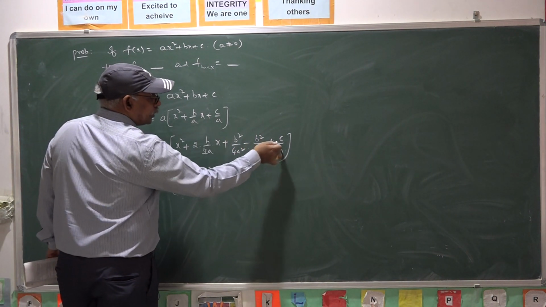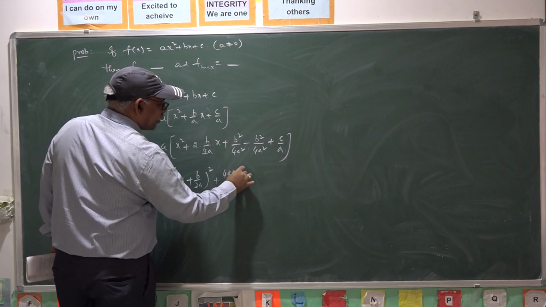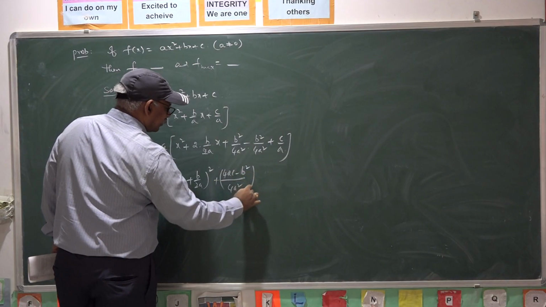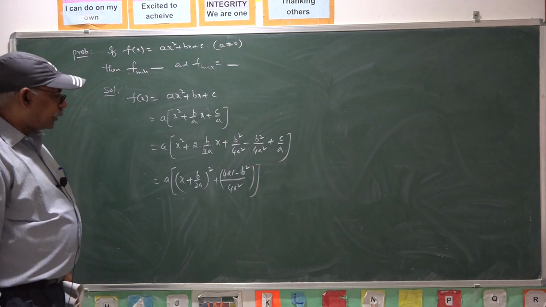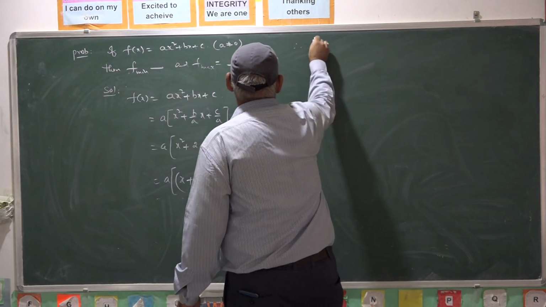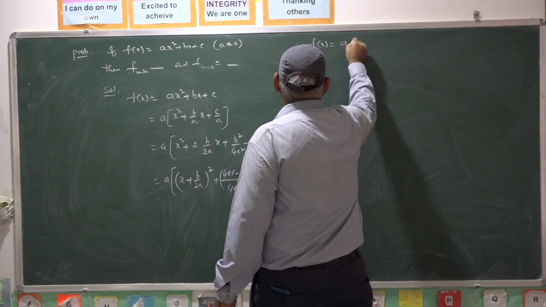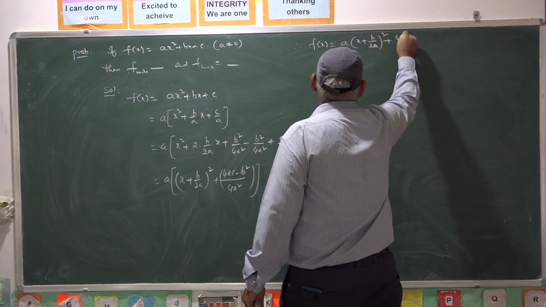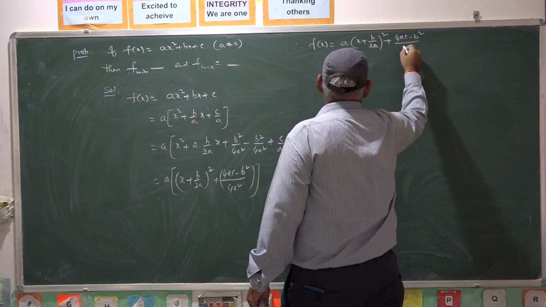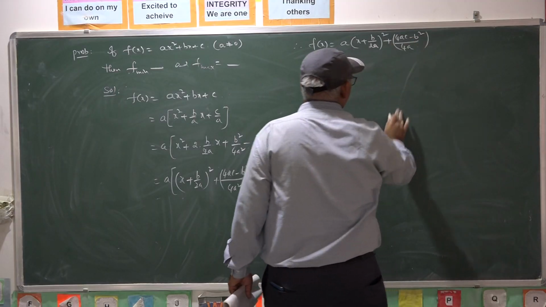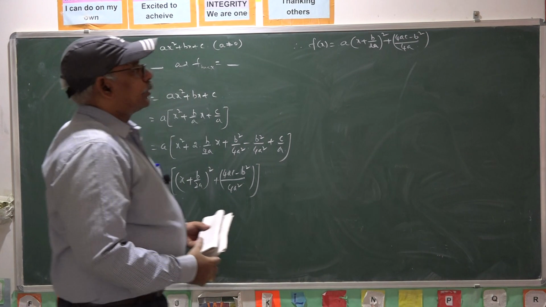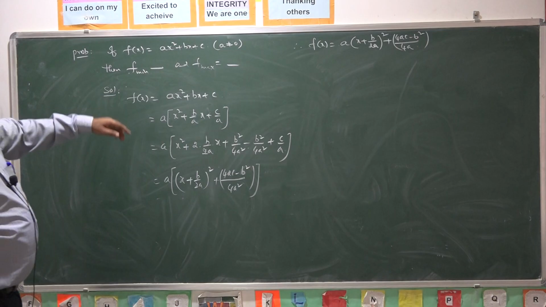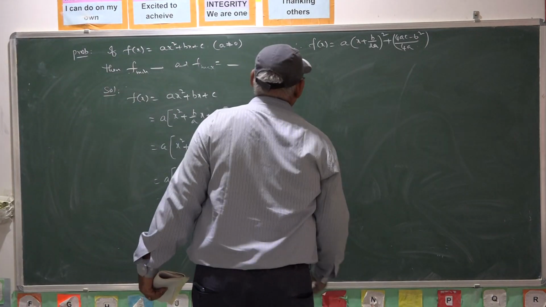Then on simplification, we get (4ac − b²)/4a². So f(x) = a(x + b/2a)² + (4ac − b²)/4a. So this is f(x). Now clearly, taking the f dash x derivative test.